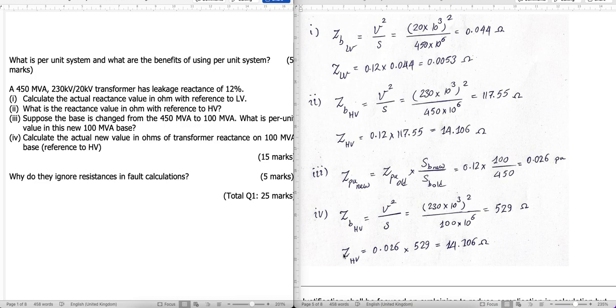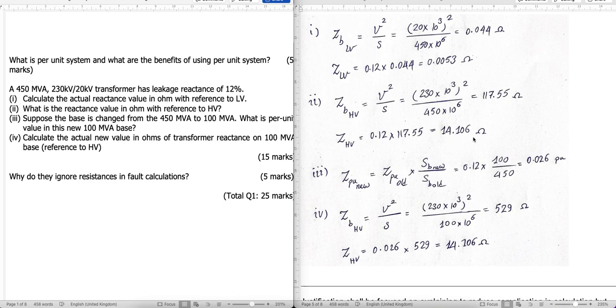Then the impedance on the high tension side is the new per unit, 0.026, times the new base impedance, 529. That is 14.106. And if you check this value with what you got in section 2, you see they're exactly the same.